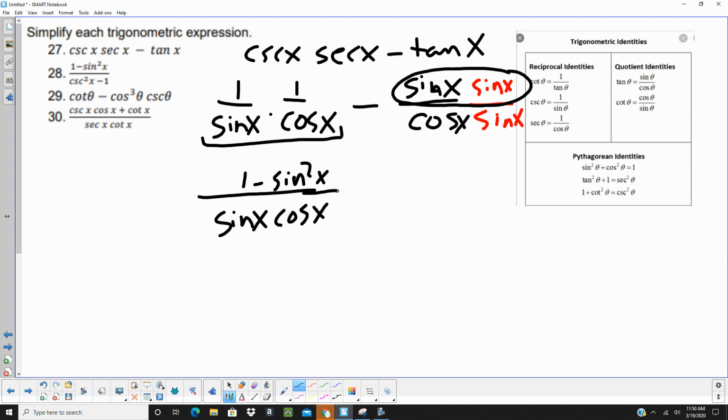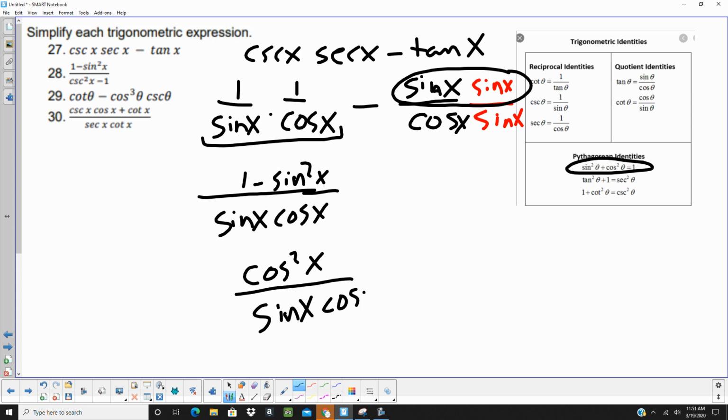Well, I look over at my Pythagorean identities, and I look at this top one. Sine squared plus cosine squared equals 1. If I were to subtract sine squared from both sides, I'd be left with cosine squared. So that is cosine squared x over sine x cosine x.